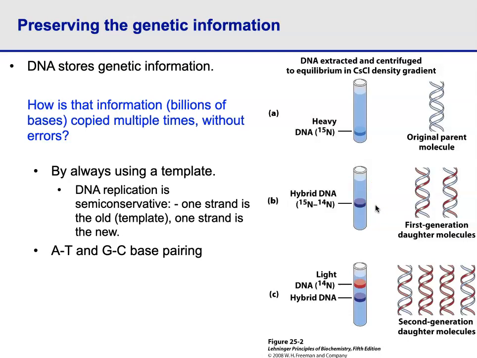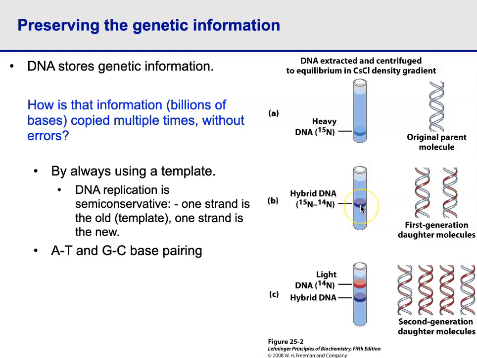Now, if replication was conservative, meaning that the old strands were used as templates to generate new strands, and that each new strand is made only by newly synthesized DNA, then this would not have been the case. We would have still seen the original and the new one. But that's not what they saw.